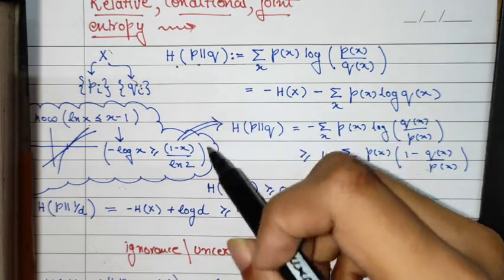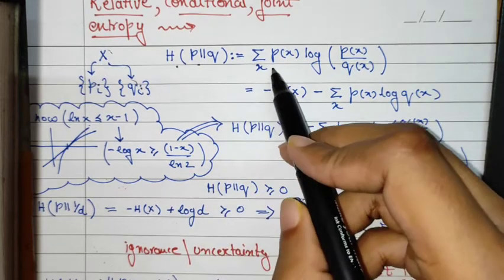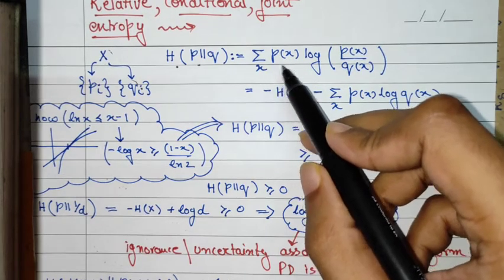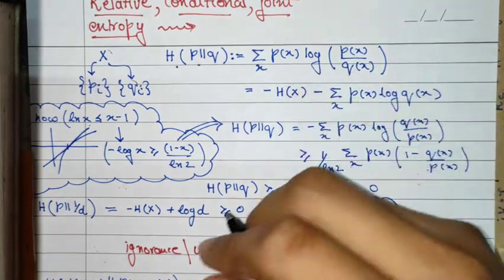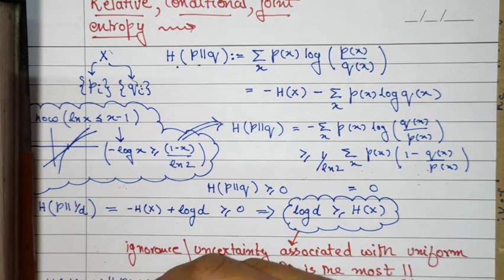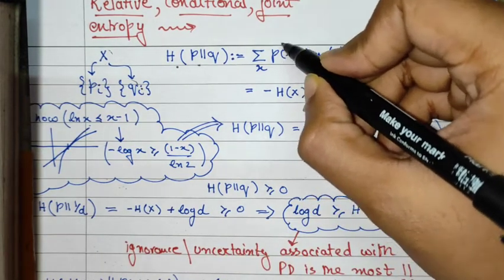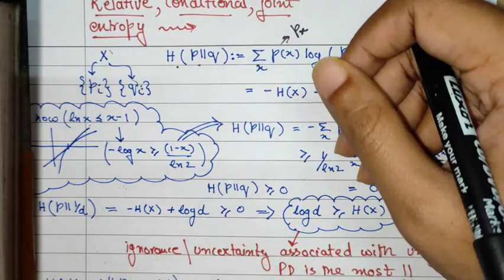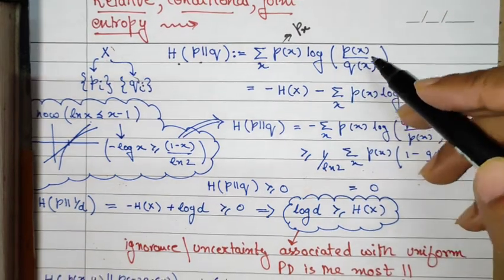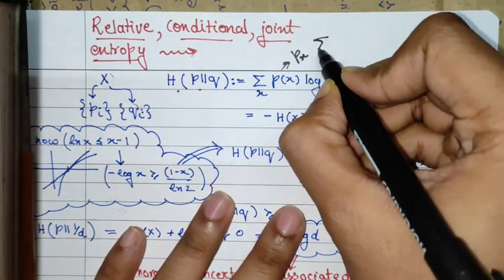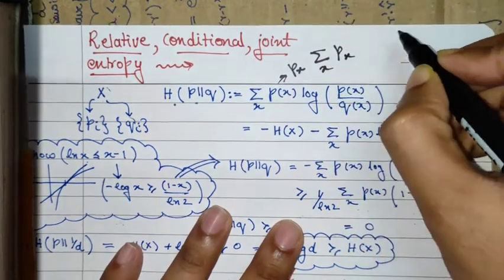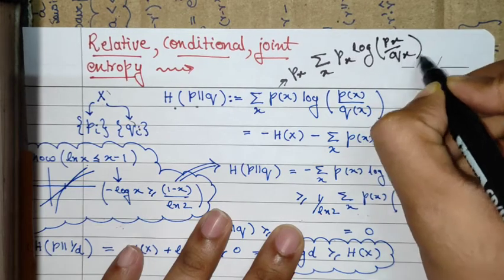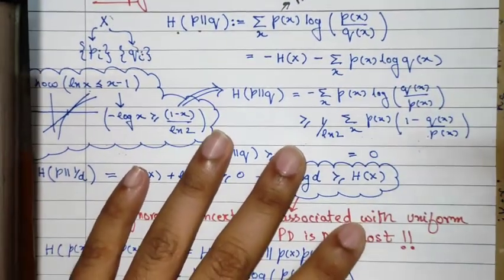The sum over x takes into account both the continuous as well as the discrete case. For the discrete case, p of x is p_x, the different probabilities for different discrete events. So we can also write this as the summation over x of p_x log of p_x over q_x. But anyway, let's continue.